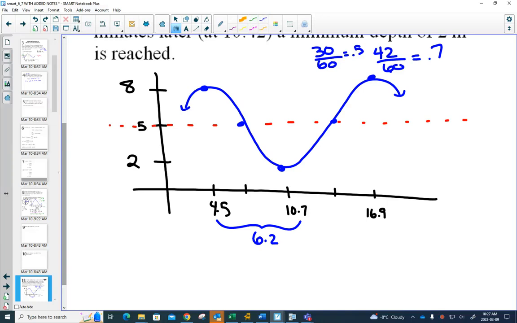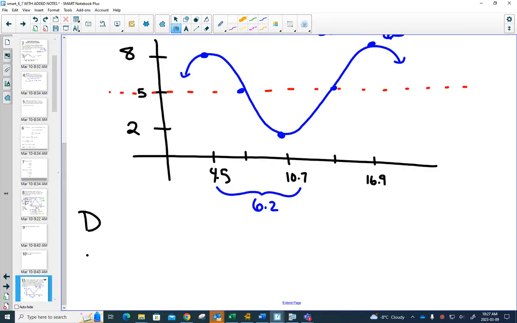Do we have enough information for the equation? I think so. Can you see that your center line is 5? Your amplitude is 3. And our period, we have to figure out from our graph.